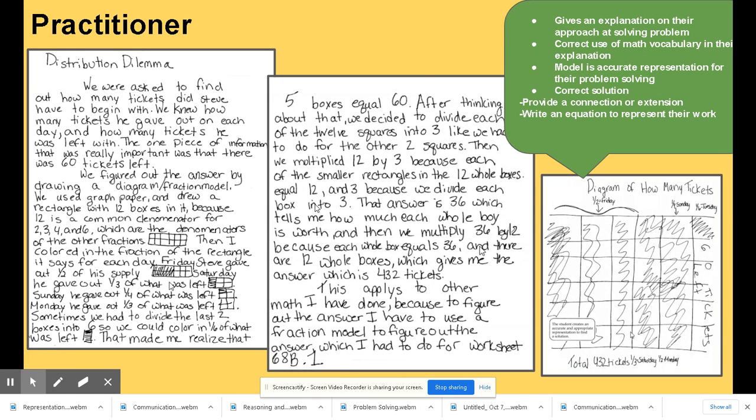The only thing that this person could have probably done better is to make it have a connection to maybe something that they learned in class or something even outside of class. Even provide an equation. So there's no equation for their work here. That's something else that could have been added to improve it. And then even provide an extension, like the other person where they took it a little bit beyond what the problem was asking for them to do.